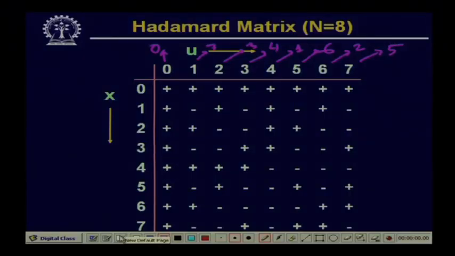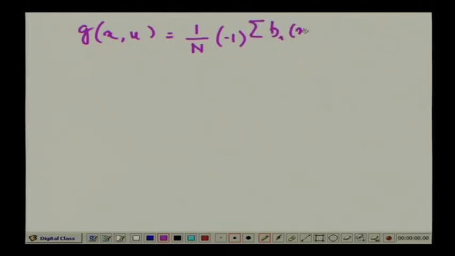So, if we want similar concepts in the case of the Hadamard transformation also, then we need some sort of reordering of this Hadamard matrix, and that kind of reordering can be obtained by another transformation, where the kernel of that particular transformation will be given by g(x, u) equal to 1 upon capital N times minus 1 to the power summation b_i(x) p_i(u).